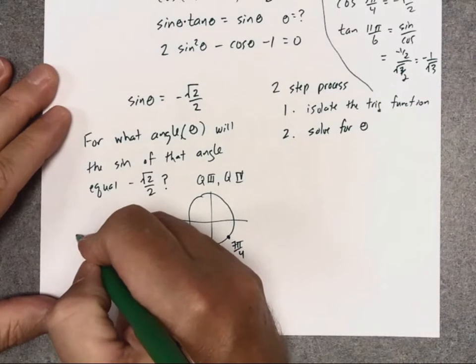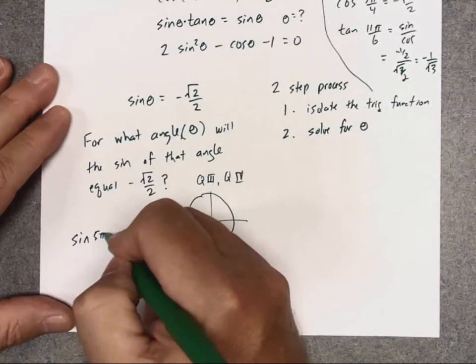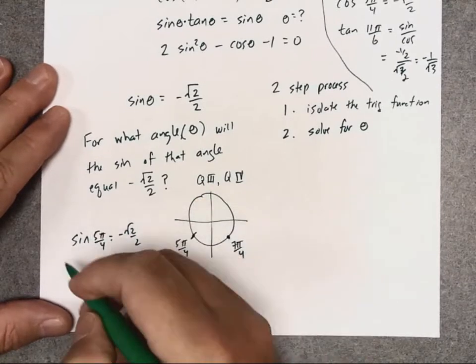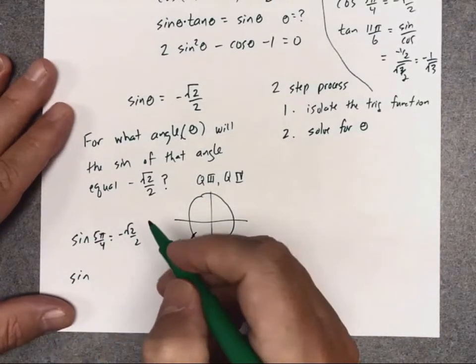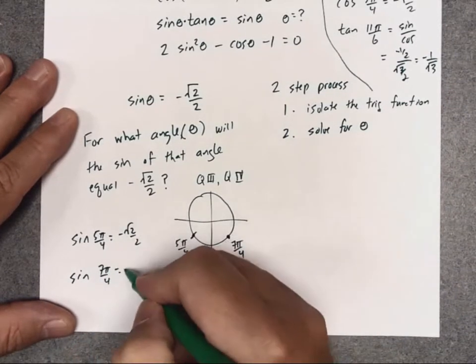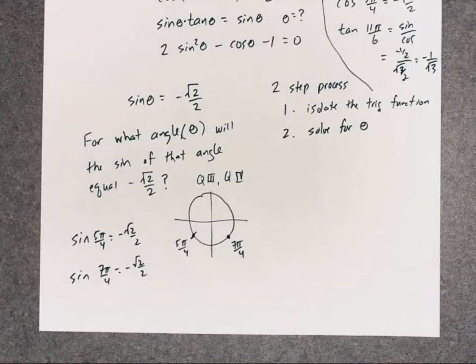In other words, the sine of 5 pi over 4 equals negative square root of 2 over 2, but also the sine of 7 pi over 4 equals negative square root of 2 over 2.